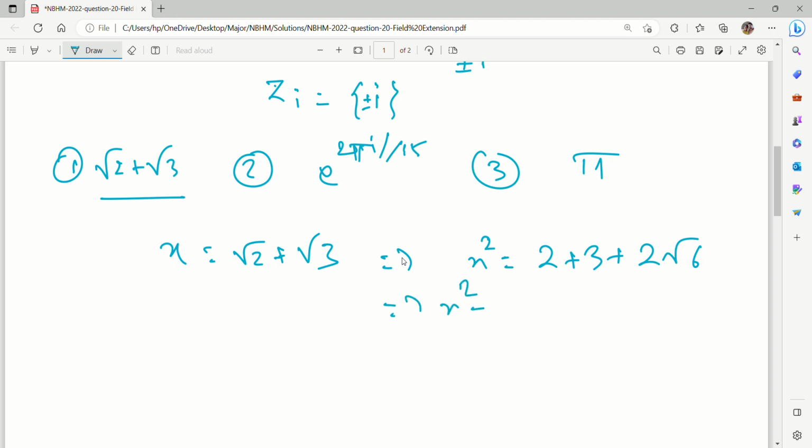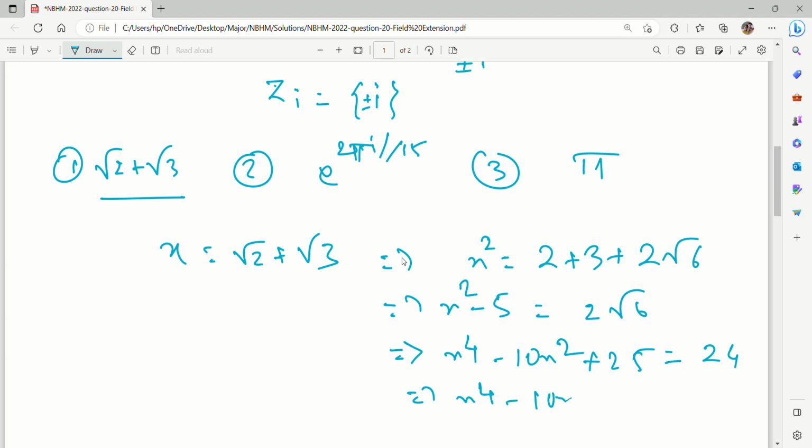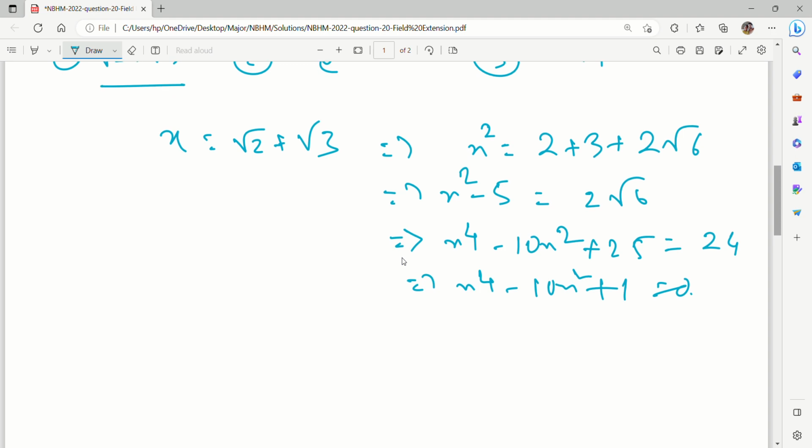This implies x square minus 5 equals root 6. That implies x to the power 4 minus 10x square plus 25 equals 24, that is, x to the power 4 minus 10x square plus 1 equals 0. So this is the minimal polynomial having root 2 plus root 3 as a root.